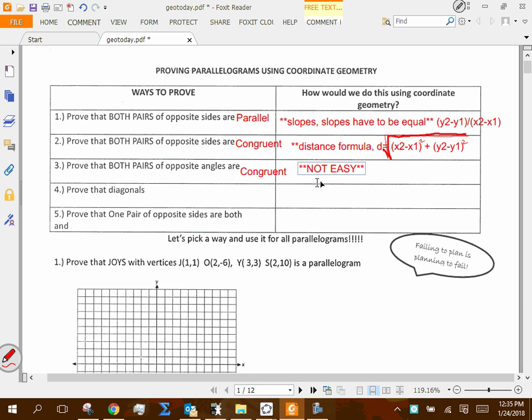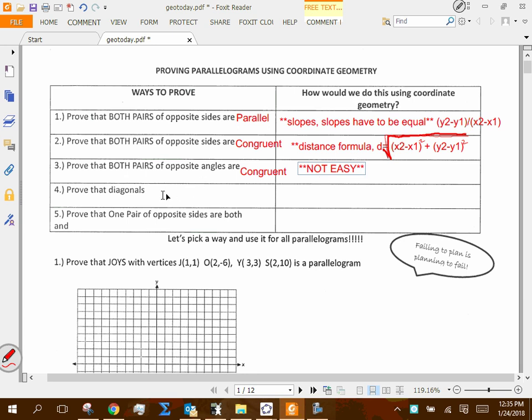But if they're non-right angles, that is a very difficult, elongated process where we have to use sine, cosine, tangent, law of sines, law of cosines, distance formula, and work all those things together. Which will be something we focus on in chapters 7, 8, and 9. But right now, that's not an approach that we're going to use at all in proving a shape to be a parallelogram.